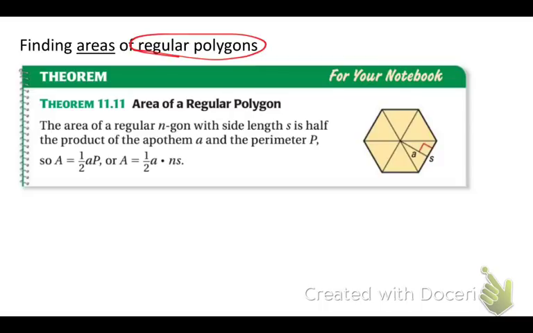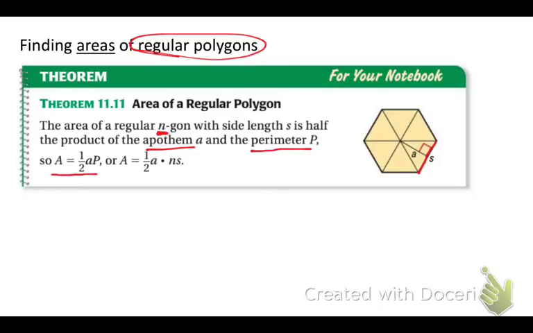So we're going to use the apothem to find the area of a regular polygon. So the area of a regular n-gon, remember n stands for any number, it could be 2, 20, 3080, whatever, with a side length of s, here's my side length, is half the product of the apothem and the perimeter.